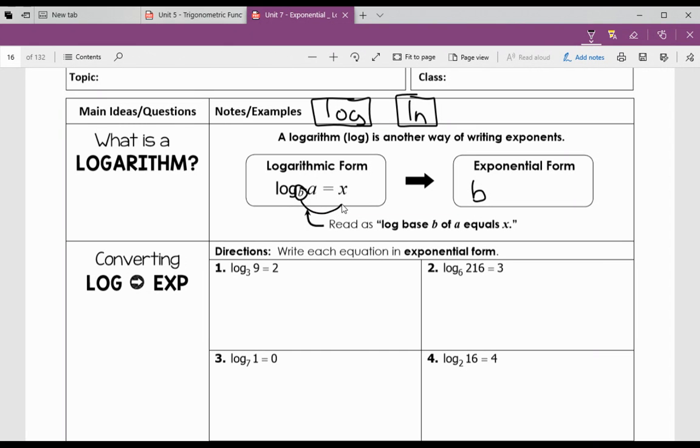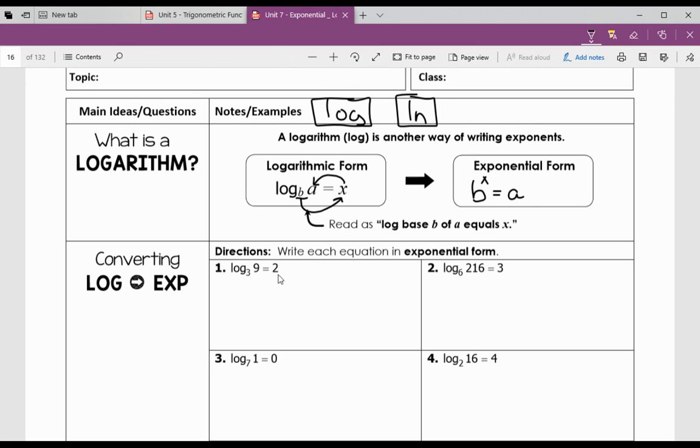That base number has the exponent, and that's going to equal the value next to it. I always draw a circle, but I start with my base number first. So start with your base, set it to the power, so b to the x is equal to a.